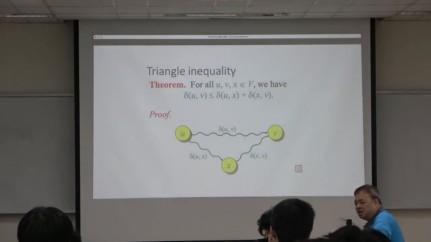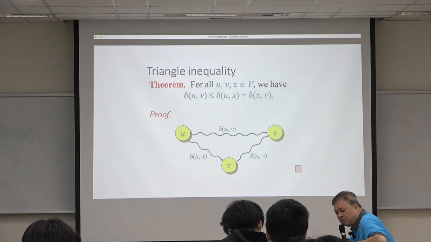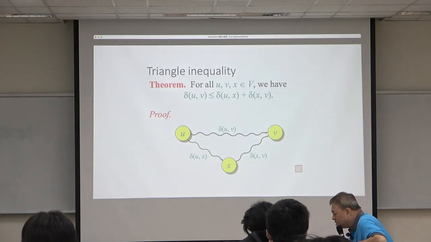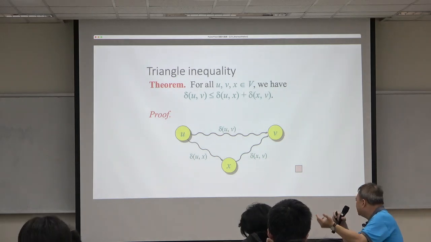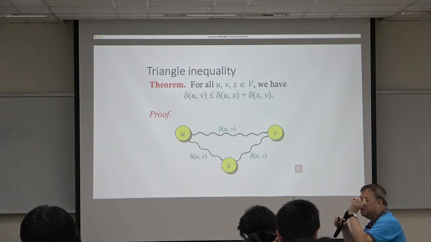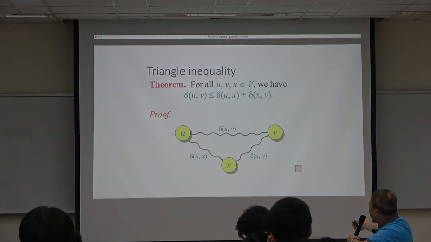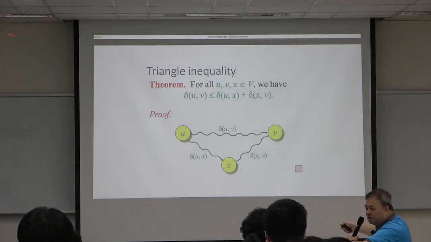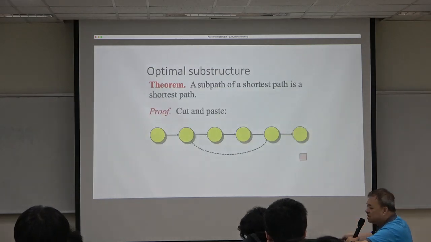So again, this is a simple proof by contradiction. Let me repeat. There are two cases. If x is included in the path from u to v, then in this inequality the equal sign holds, obviously, based on what we discussed here.